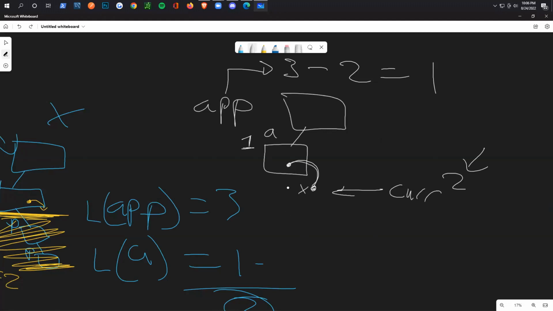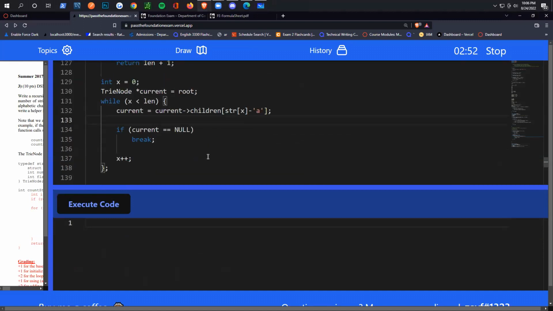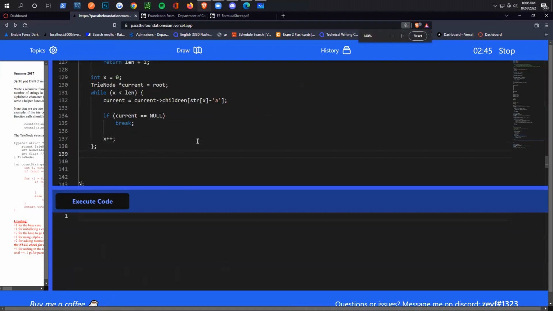So that's why you do an if check to see, okay, after I move it down, am I null? If I'm null, just stop. So you increment after you end up checking that you're not null. Because if not, then you're going to count for a letter that is actually not there. So you break, and now you're going to end up returning the length minus x.